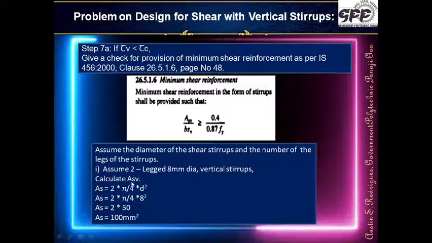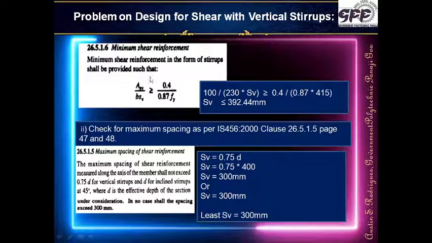So calculate ASV. Since there are 2 legs, pi d square by 4. So 2 legs into pi by 4 into 8 square gives me 2 into 50. That is, ASV is 100. B is already known to me. This is known, this is known, this is known. So let us see the calculation. ASV upon B into SV is greater than or equal to 0.4 upon 0.87 Fy.